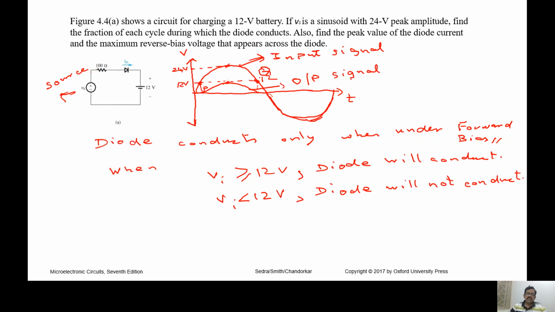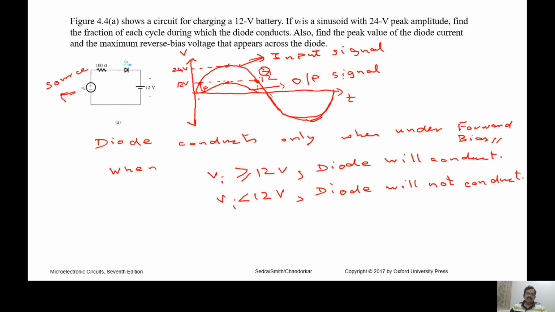Again, up to the next cycle, up to 12 volt, again it will not conduct. So up to that point you can see here, at that point it will not conduct. So entire from here to here the diode will not conduct. It will conduct only between this region.